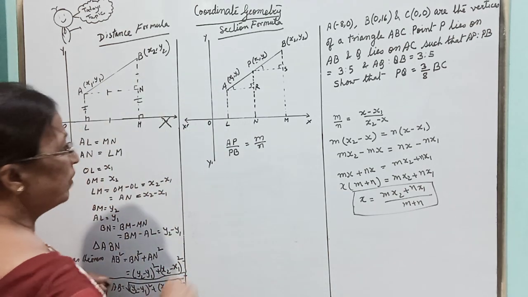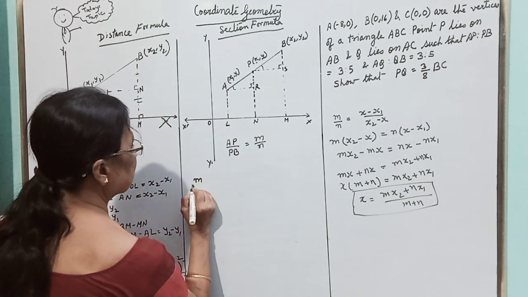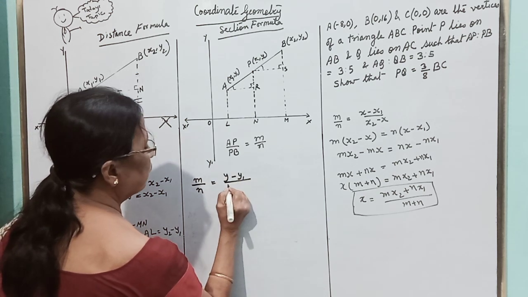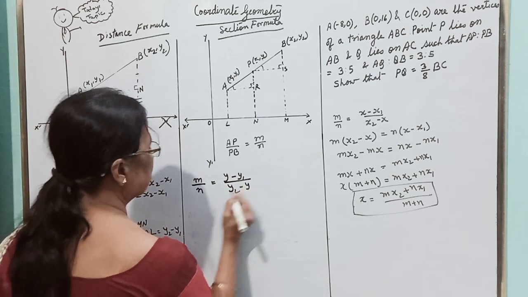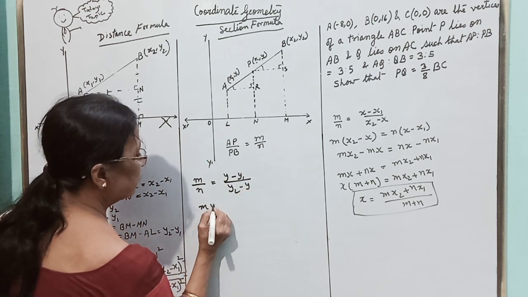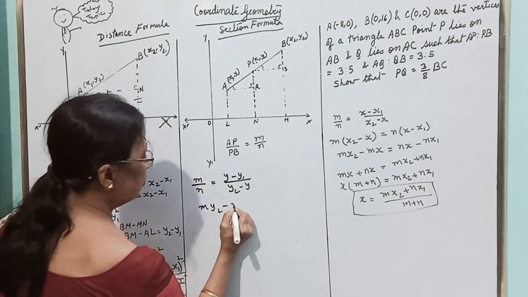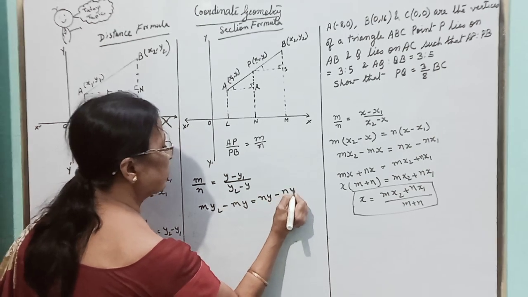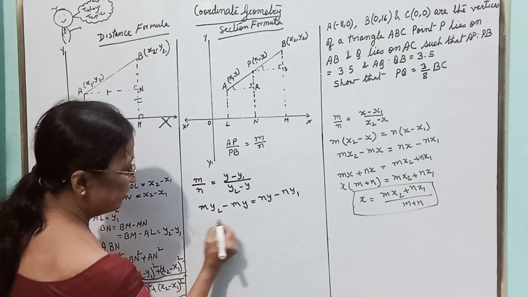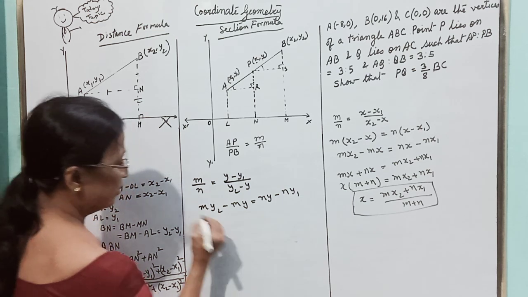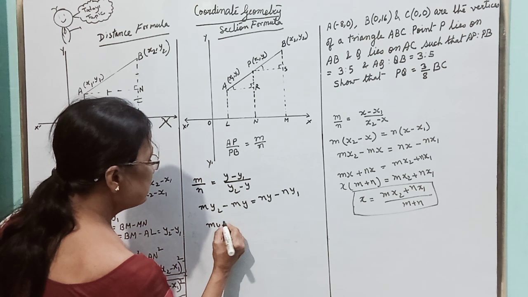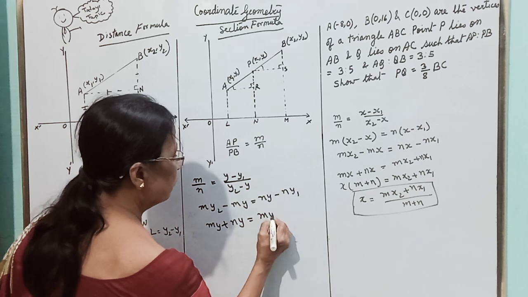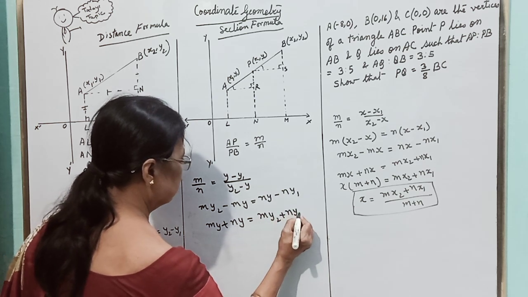Next, M by N is equal to y minus y1 divided by y2 minus y. So I can write my2 minus my is equal to ny minus ny1. So this can be written as my plus ny, taking y to one side, is my2 plus ny1.